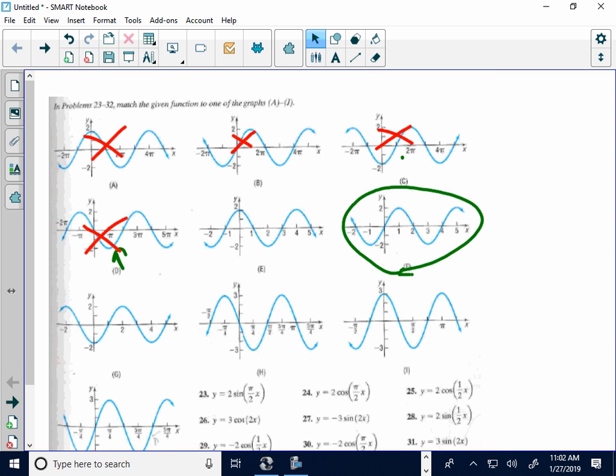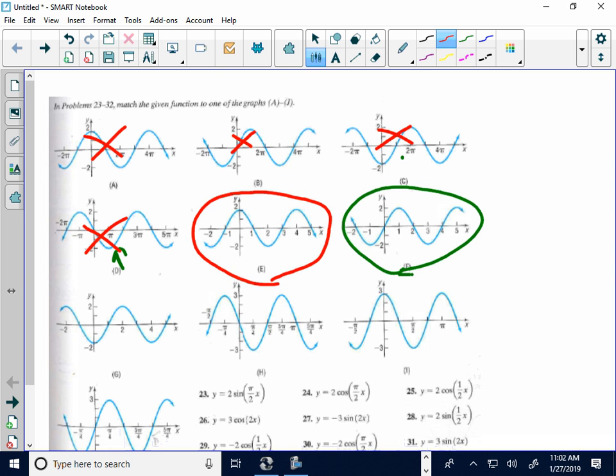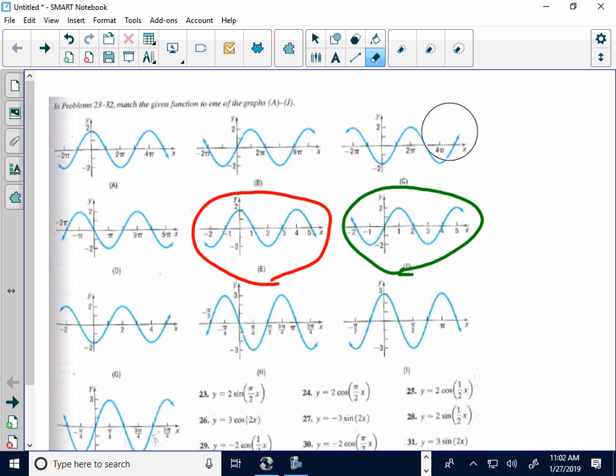We've already chosen these, so those are out of the picture. Let's see, upside down cosine. This is an upside down cosine, but the period's 4 pi, so that's out. This is a sine, that's out. That's a right side up cosine. That's an upside down sine.